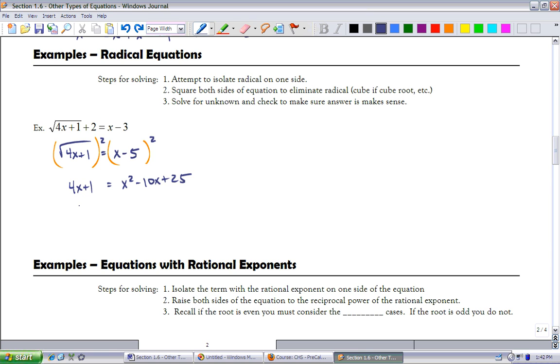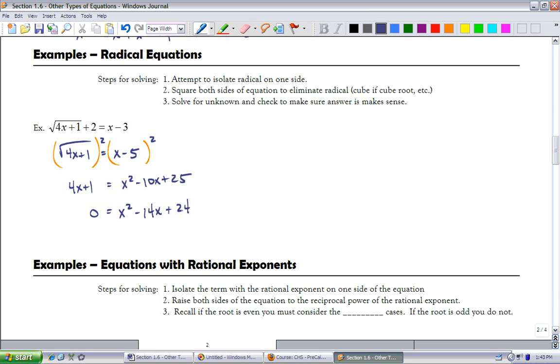But anytime you have a quadratic, you got to bring all of your terms over to one side. So I'm going to subtract a 4x and subtract a 1. I get x squared minus 14x plus 24, and that's what we're left with by squaring that.